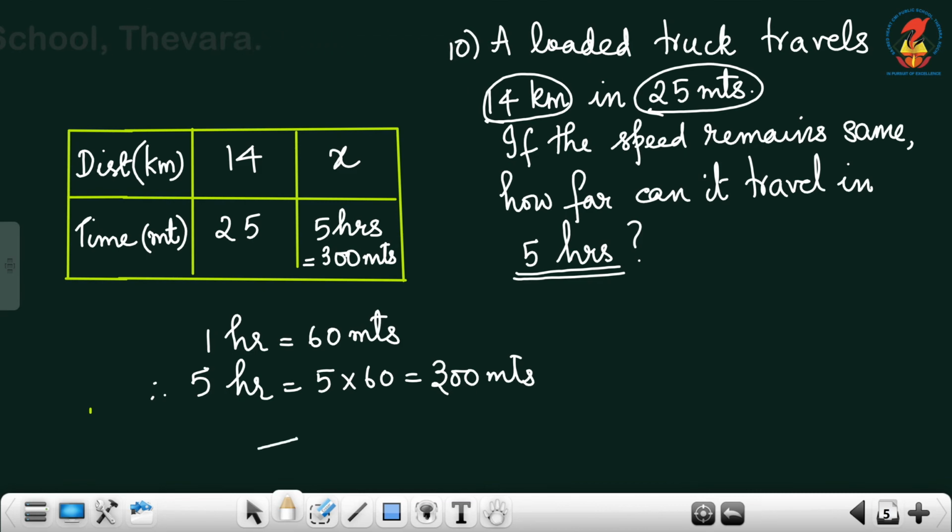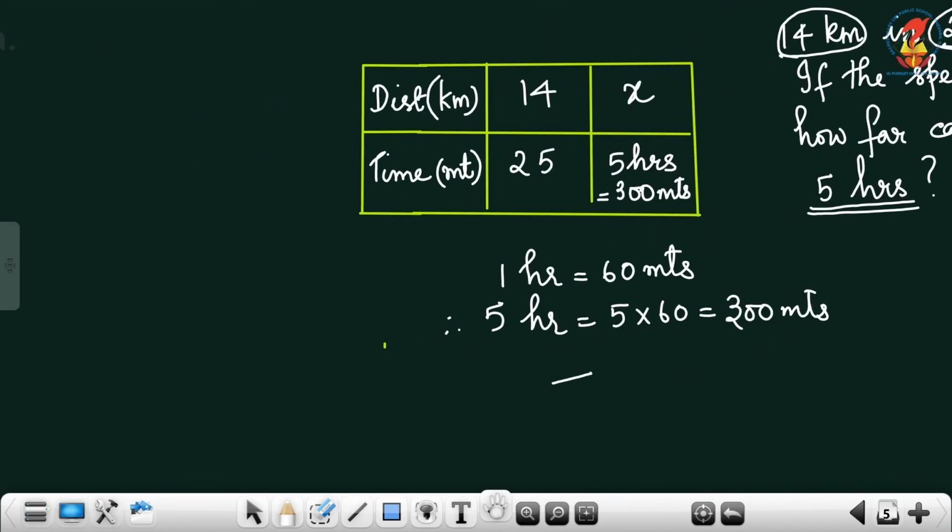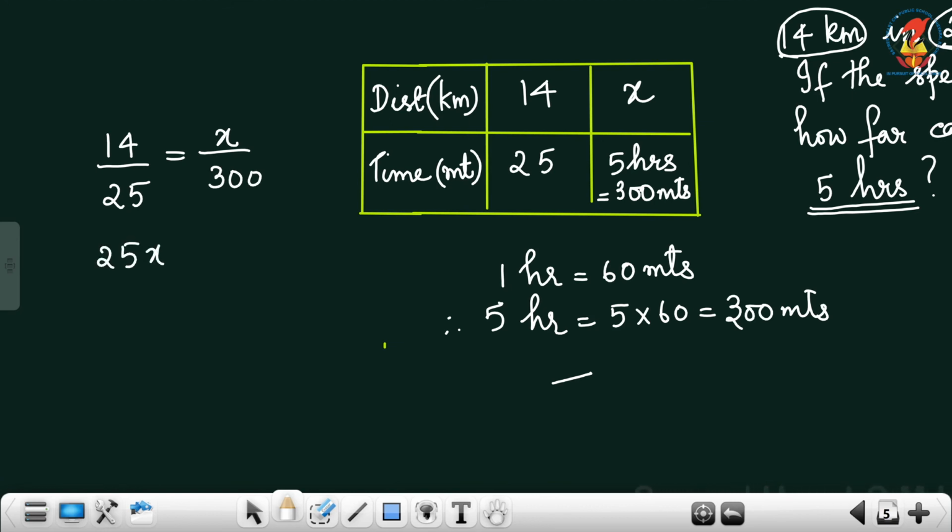Then, how can you write this? 14 by 25 is equal to x by 300. Cross multiply, children. 25 into x equals 14 into 300.